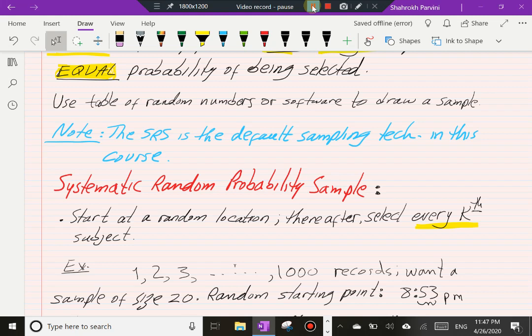So hypothetically, I made up numbers from 1 to 1,000. Okay, so that's what we have. And then we want to, let's say, choose a sample of size 20. I want to look at 20 cases, 20 folders, if you will, and determine what's the average vet bill in that location.